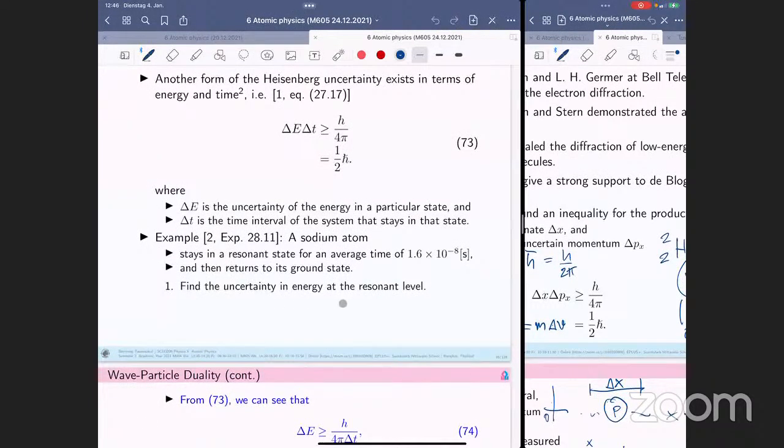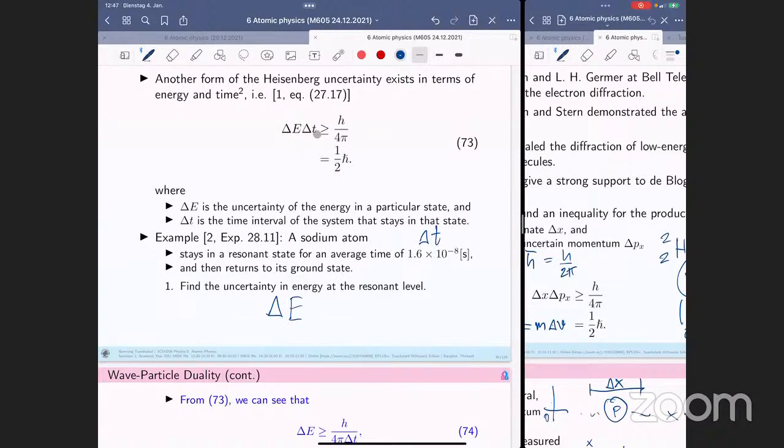Find the uncertainty in energy at the resonance level, right? So we have to consider this expression, right? The product between delta E and delta T, and the quantity they want to know is delta E, right? So we have to move the delta T to the right hand side.